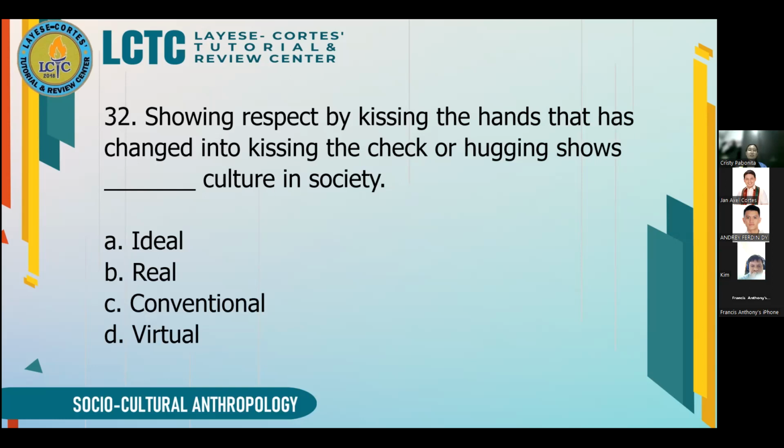So kissing on the cheek or hugging is now conventional as a way of showing respect to someone. So conventional culture in society, that is letter C.